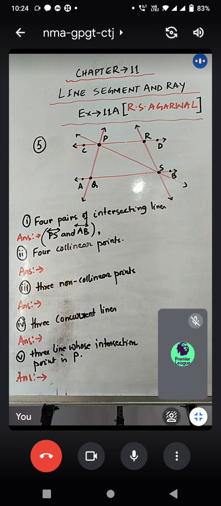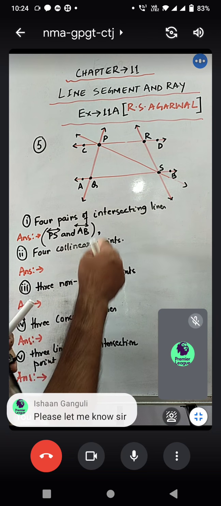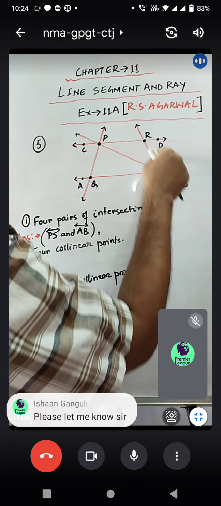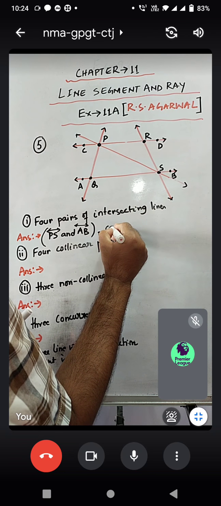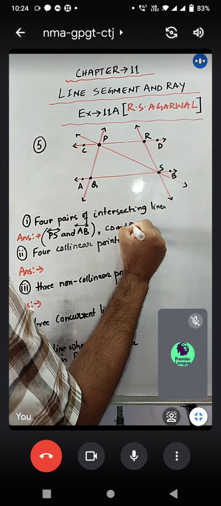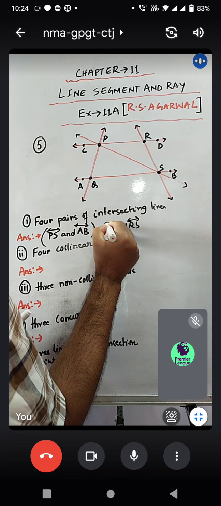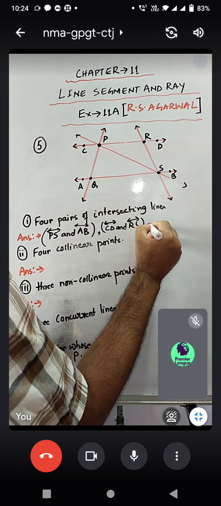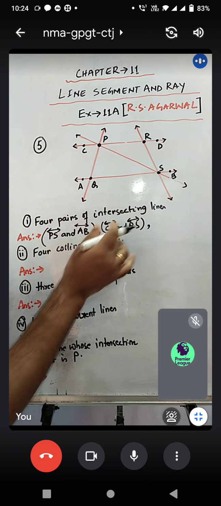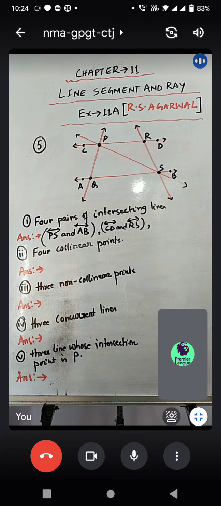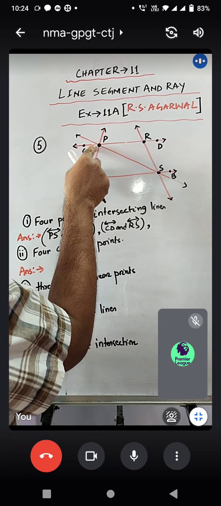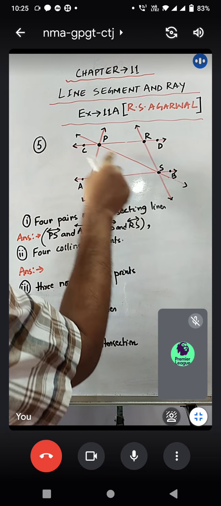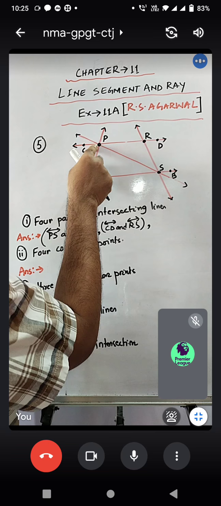Now another pair: CD and RS. They intersect at R. This also has the same symbol. Two pairs are done, and we need two more.